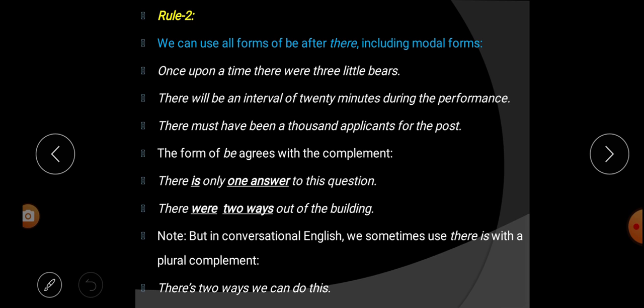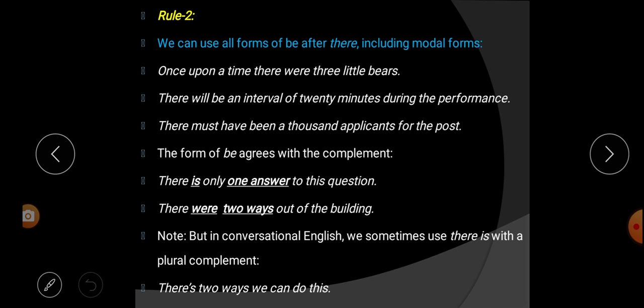Look here, the sentence is introduced by introductory there. Thereafter what is the be verb? Will be. Next, there must have been 1,000 applicants for the post. This sentence also begins with introductory there and is followed by a modal form.